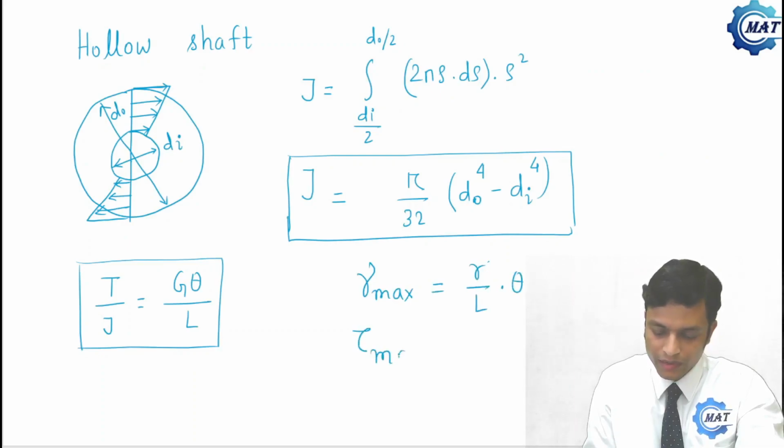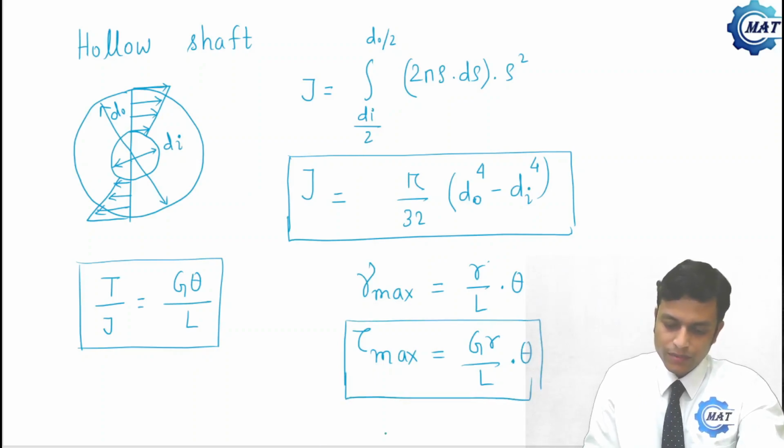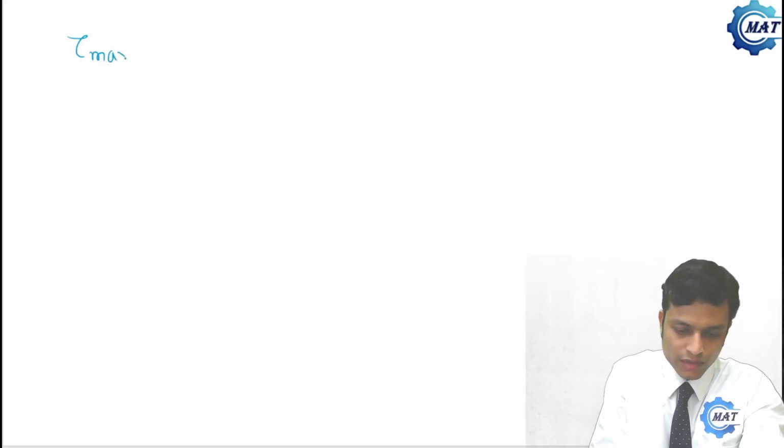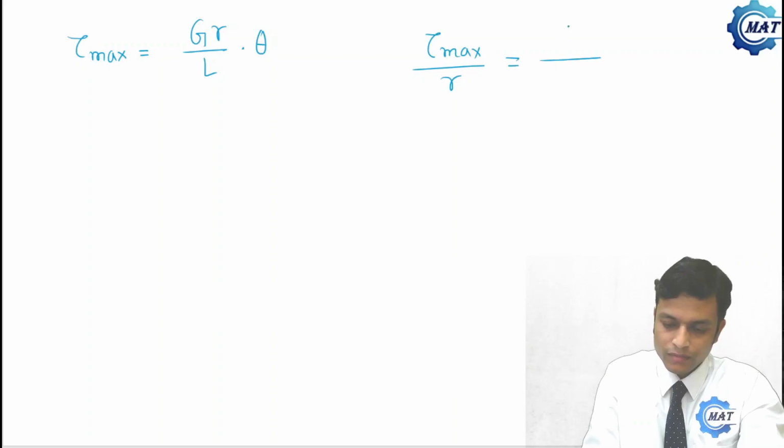So what will be tau max? By applying Hooke's law, tau max is G R by L into theta. So this is another relationship, and from this let us write this equation once again. Tau max is G R by L into theta. So tau max by R is G theta by L.